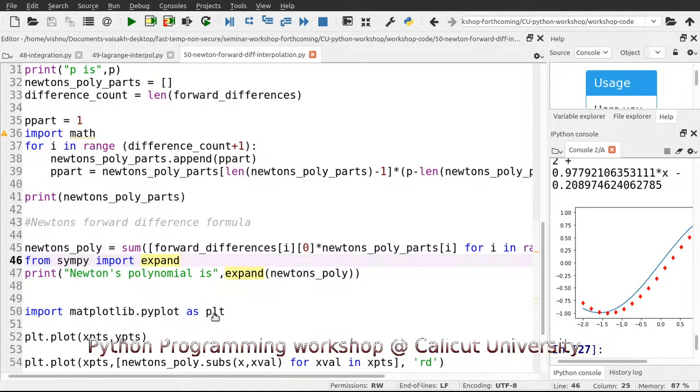You just need to get a little bit more experience in writing the code. That's it. Otherwise, there is not much.